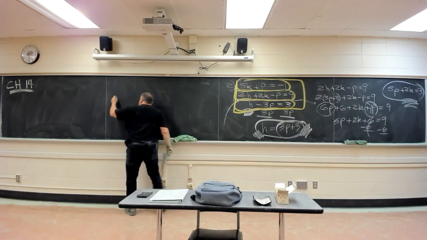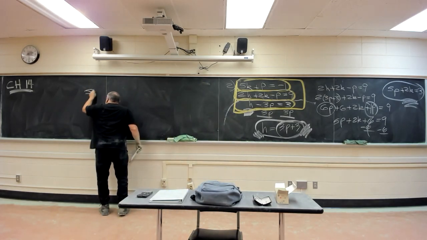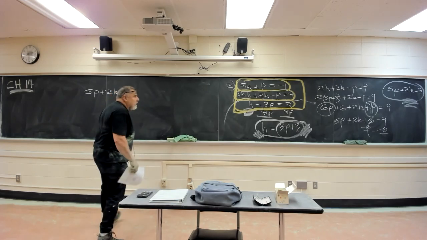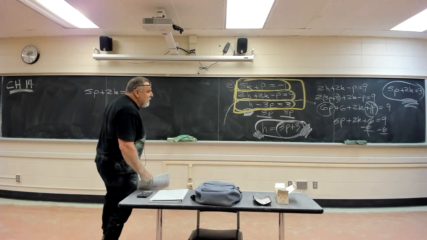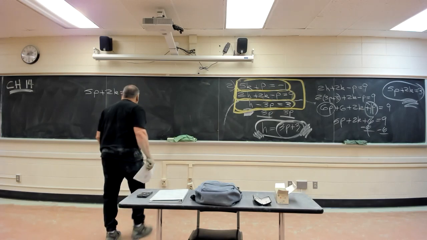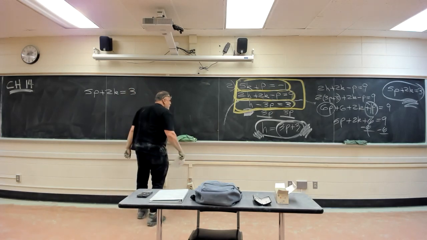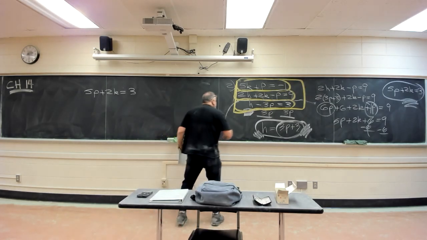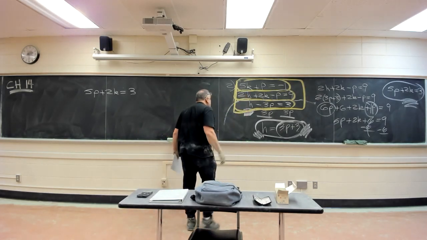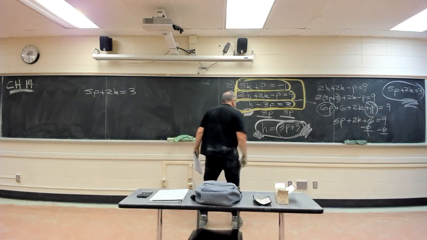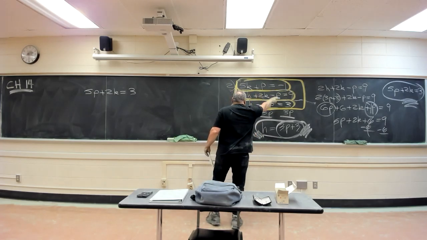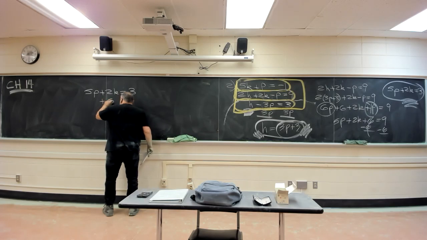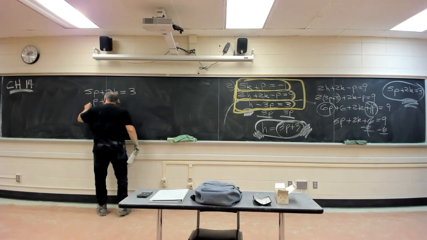So if you're saying 5p plus 2k equals 3, true. And then you're going to say there's a 5k plus p equals negative 1. 5k plus p is the same as p plus 5k written in this order.